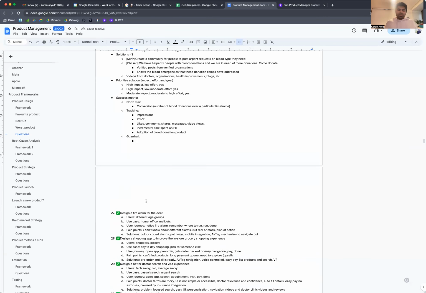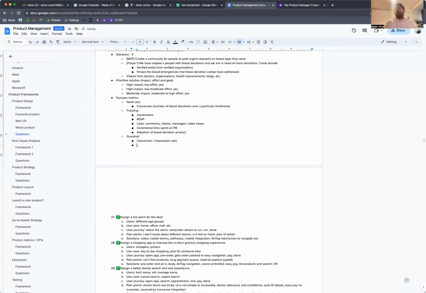A guardrail matrix is something like, maybe the conversion by impression ratio is something to be looked at. We need to make sure that the impressions or RSVPs are not really high and the conversion is low. So there is probably some issue.